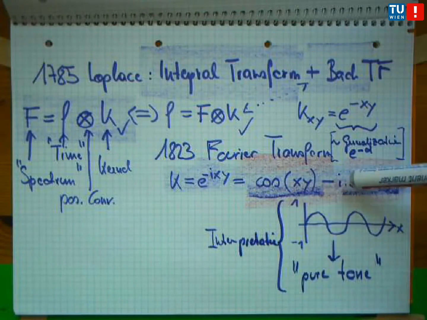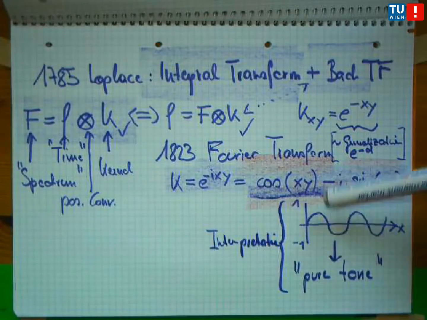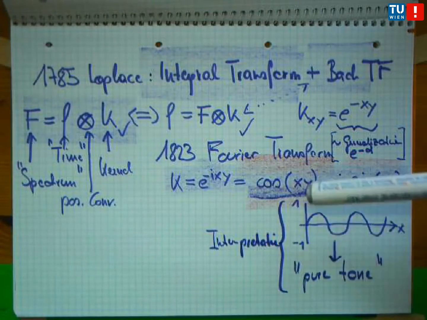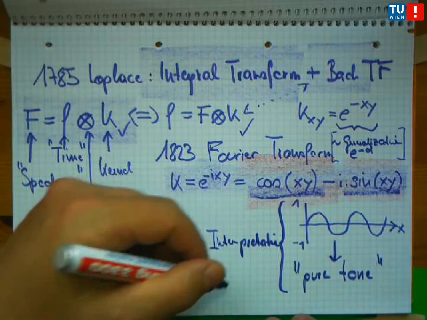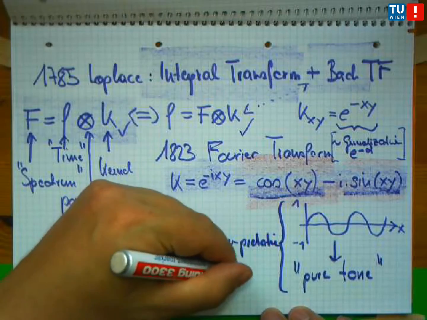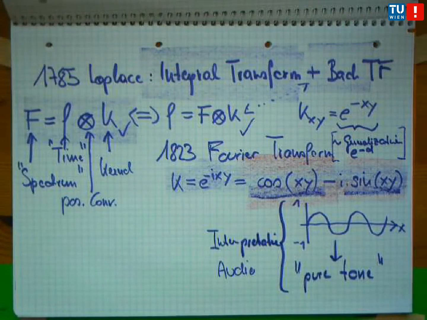Fourier suggested an improvement for the sake of better interpretability and other advantages. But for us, it's that. Now we say we have an application for that in the audio domain because a sine wave is the same that we also have for a pure tone.